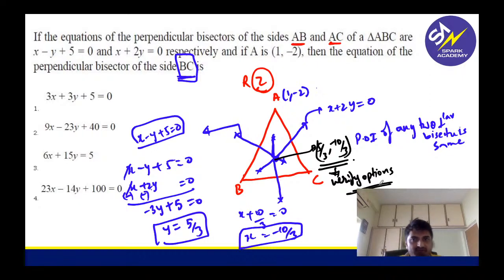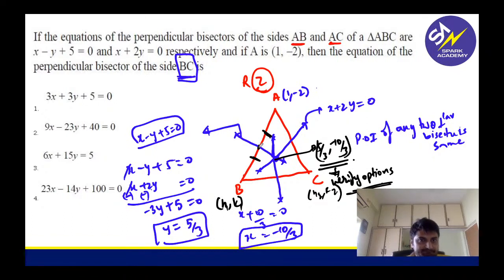If you are not able to solve, then you do the actual method, which is what? This you assume h1 comma k1, this you assume h2 comma k2, and then this is bisecting, right? So perpendicular bisector. So easy peasy, you can verify.